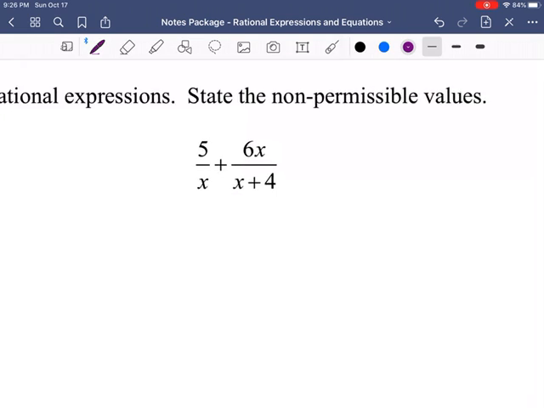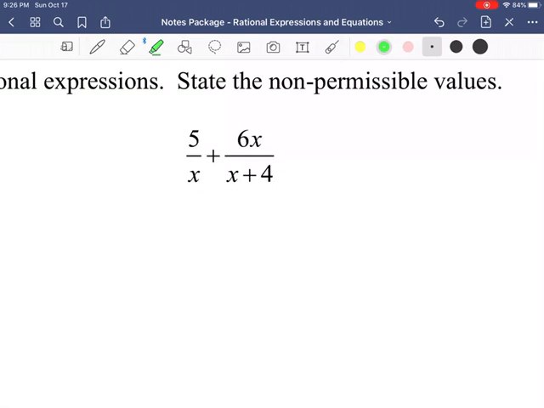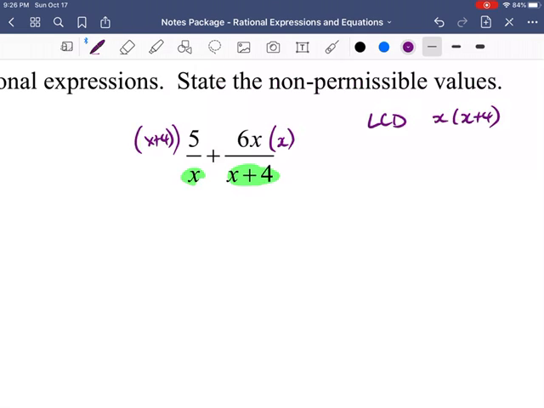All right, well, this one's different. These are not the same term, okay? So if they're not the same, the lowest common denominator here is actually x multiplied by x plus 4. So what you're going to do is multiply this term by x plus 4, and multiply this by x.